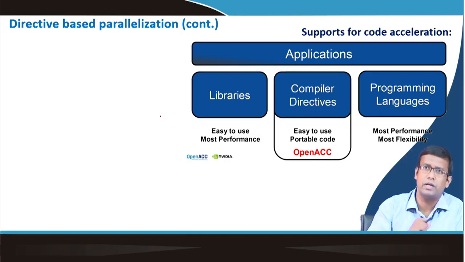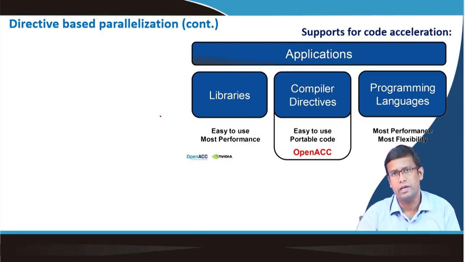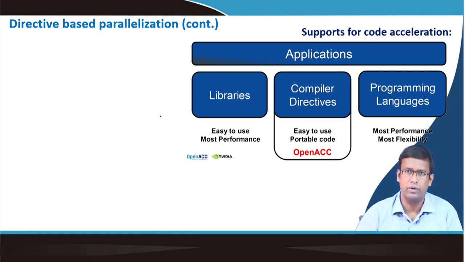In a library you have to use their library function which has been built by somebody else, but you can use your own code and parallelize it using the compiler directives. The compiler will read the directive and do the part of parallelization. So, you only have to direct the compiler to consider this part and parallelize it accordingly.